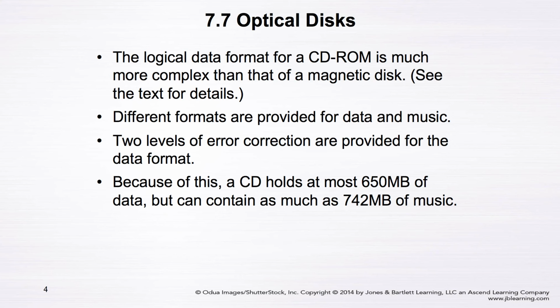The logical data format for a CD-ROM is much more complex than that of the magnetic disk we discussed in the previous video. Different formats are also provided for different types of data. For example, the format for data and for music are different. Basically, two levels of error correction are provided for the data format.